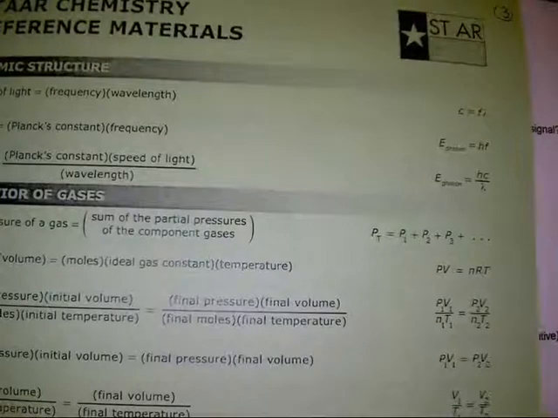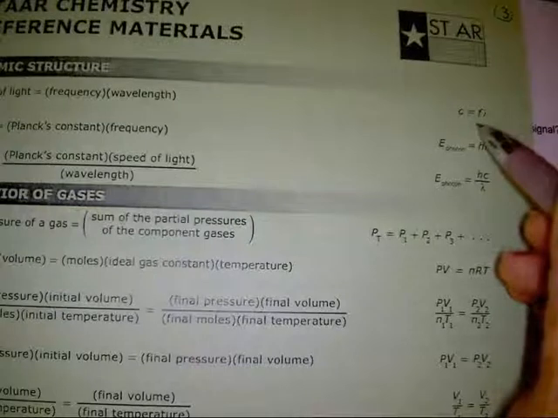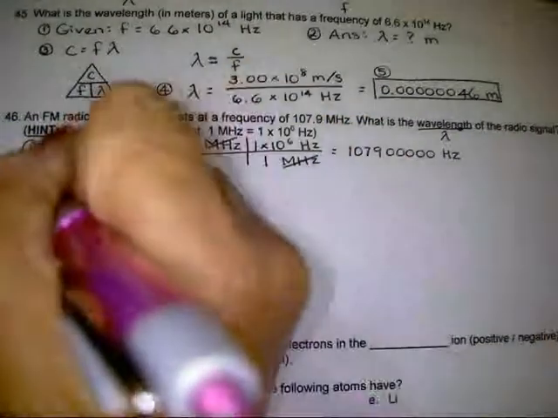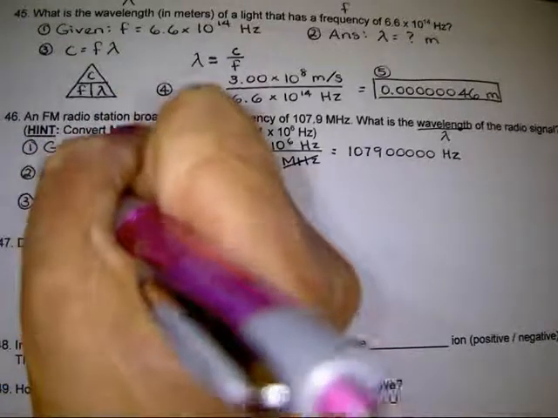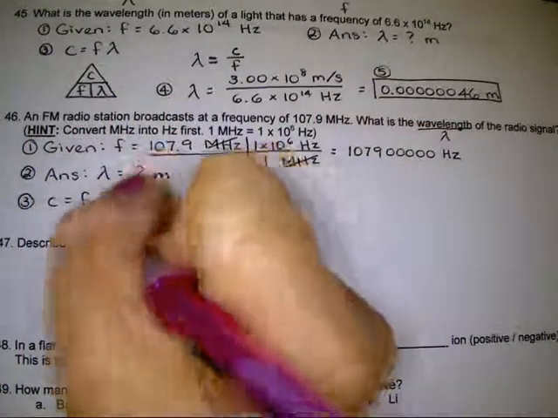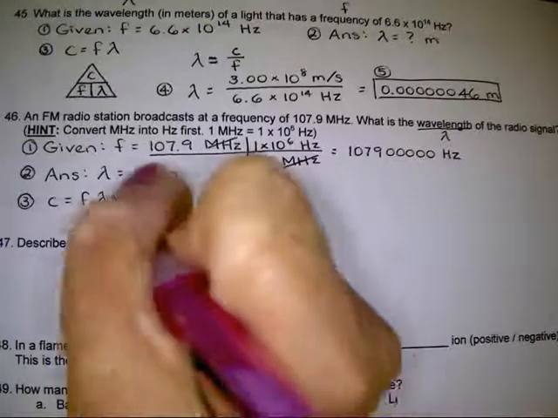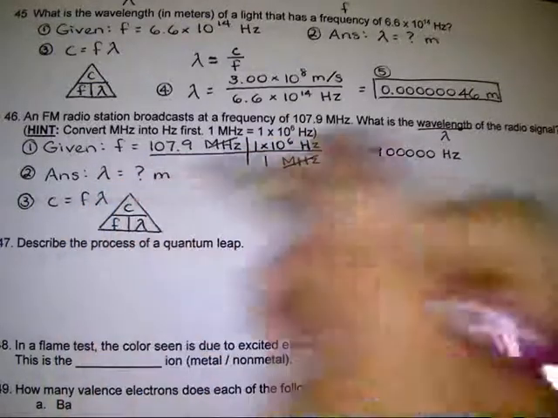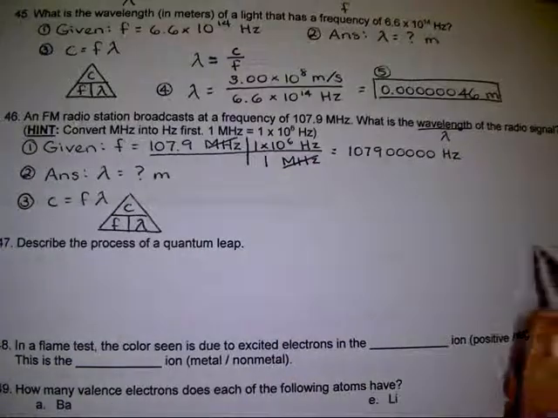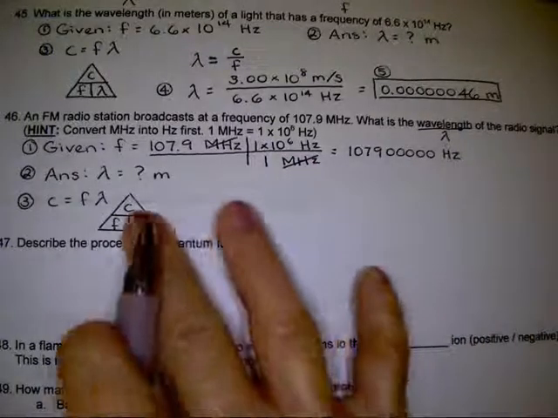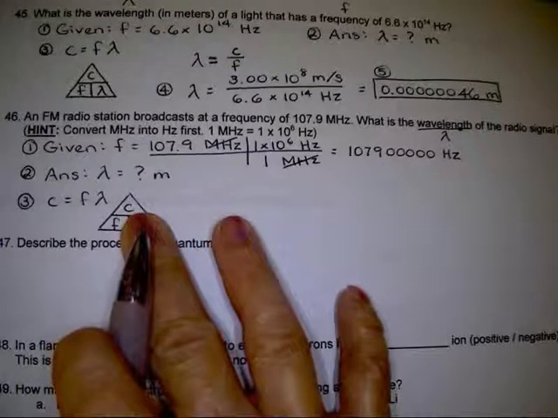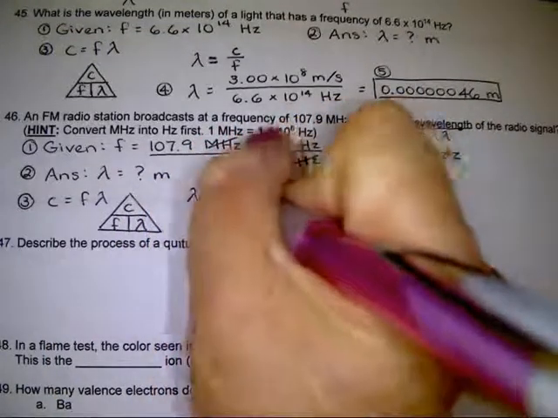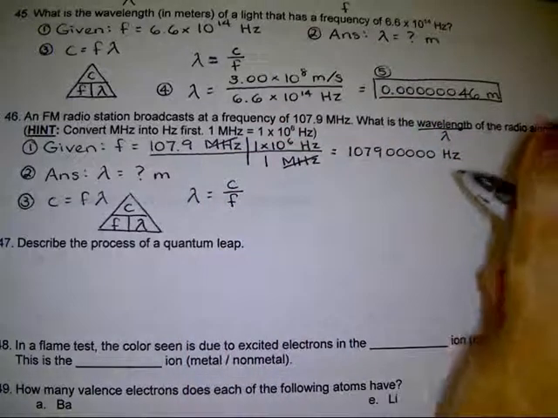So it looks like I'm going to have to use this first formula, C equals F times lambda. I'm going to use my formula triangle. C is on the top, F and lambda on the bottom. I'm looking for lambda, so I'm going to cover up lambda, and it looks like it is C over F. So lambda equals C over F. This is just a rearranged formula.